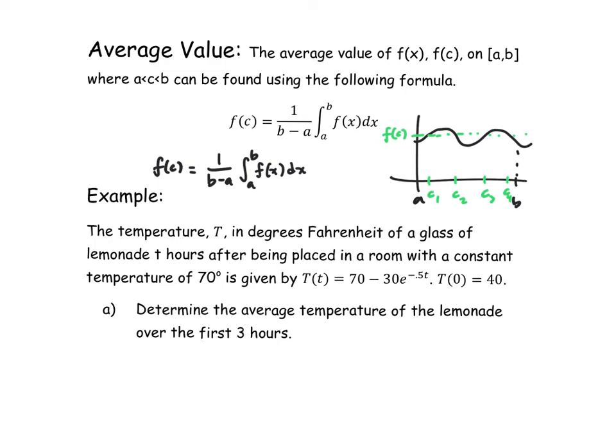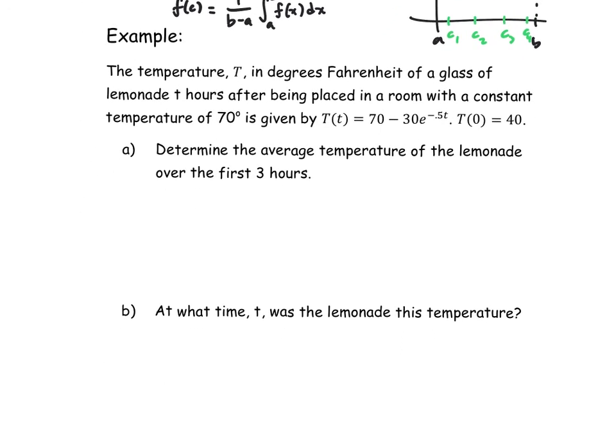Cool. All right, so let's apply this to an example. Let's look down here. The temperature T in degrees Fahrenheit of a glass of lemonade t hours after being placed in a room with a constant temperature of 70 is given by T of t, as you can see there.